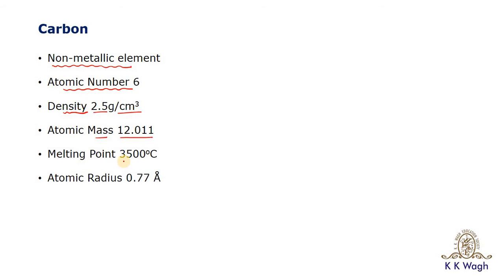Its melting point is in the order of 3500 degrees Celsius. Its atomic radius is 0.77 angstrom. Carbon is polymorphic, that is, it will change its structure depending on the conditions applied, depending on the various variables.